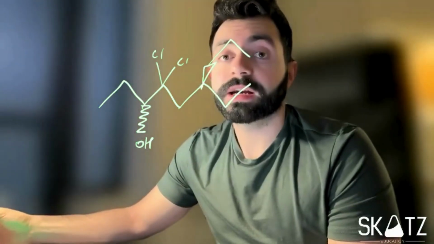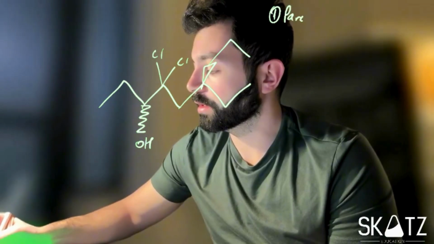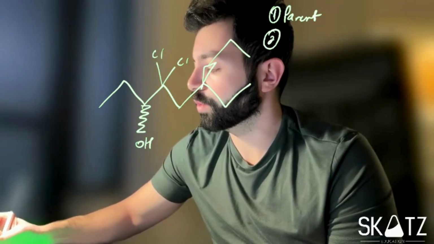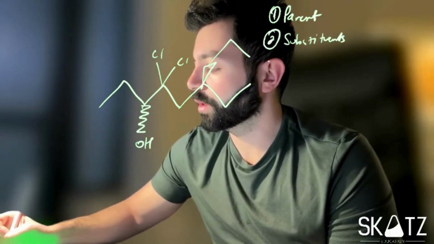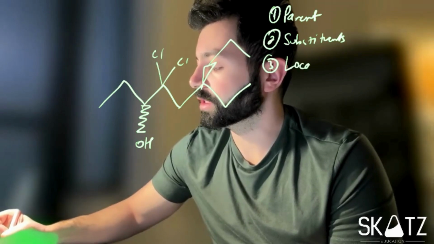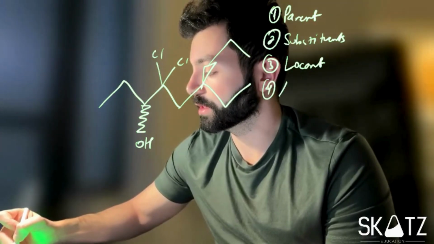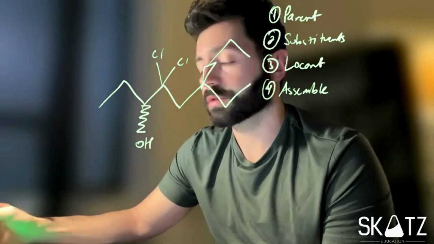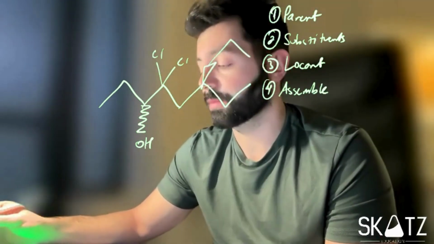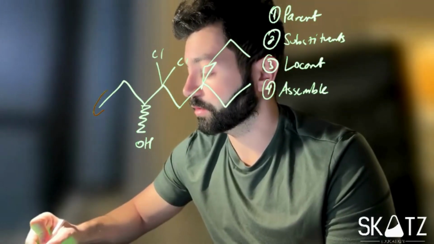All right, so to name any compound, we follow the 4 steps, which is first, you want to name and number the parent chain. After that, you want to name your substituents. Then you want to assign a locant to them, which is simply assigning the number of the carbon that they are sitting on. And then lastly, you want to assemble them in alphabetical order. So let's find the parent chain. Remember, the OH has to be included within the parent chain. The longest chain of carbons that we have in this compound is right here.